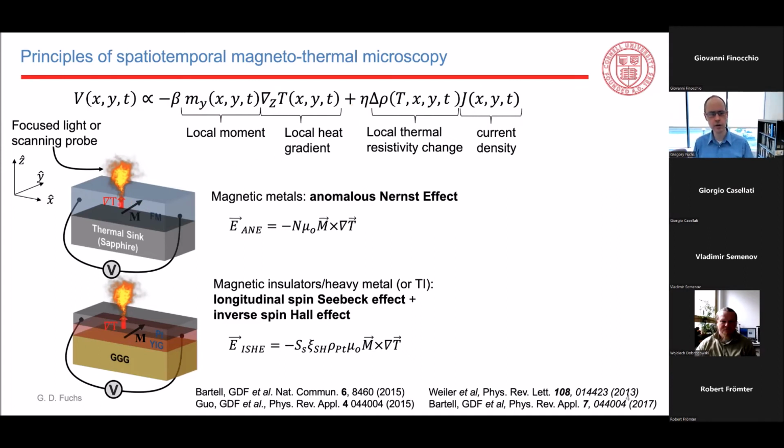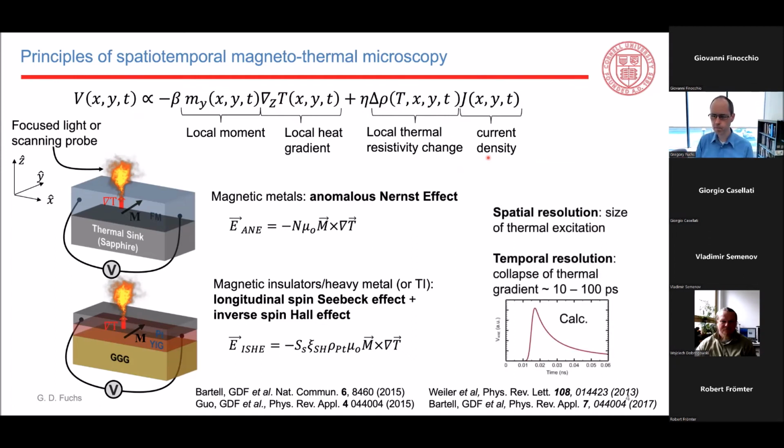So if you heat up a sample and the sample has conductivity, whether it's your sample or just the platinum on top of your sample, that sample's resistivity will generally depend on temperature. And so if there happens to be a current flowing through the sample, then you get an extra contribution to the voltage, which means that you can measure current density within the sample, which is very interesting when you're thinking about manipulating magnetization using currents.